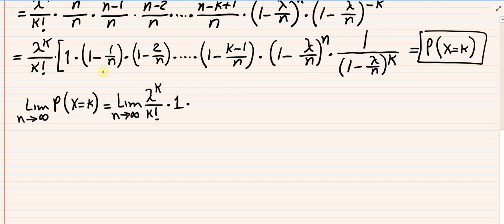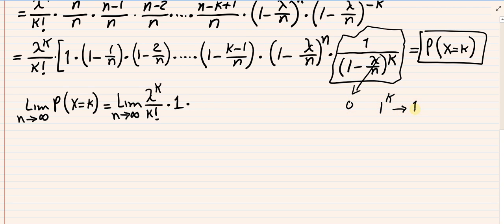Now, let's take a look at the limit of this last expression. As n goes to infinity, lambda over n approaches 0. So the binomial approaches 1 to the k, which approaches 1. So this last fraction also approaches 1.